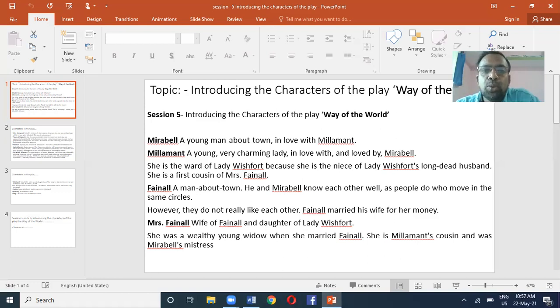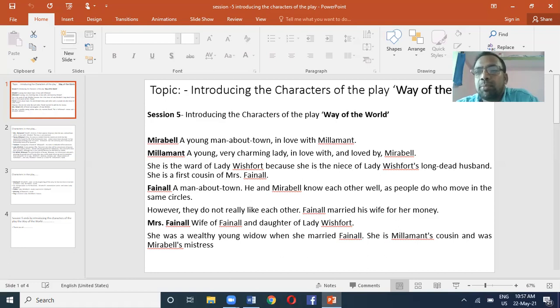And come to Millamant, the important heroine of the play, as Mirabel is the hero of the play. She is young, a very charming lady, very attractive, very beautiful. She is in love with Mirabel, and she was also loved by Mirabel too. Both were loving each other.